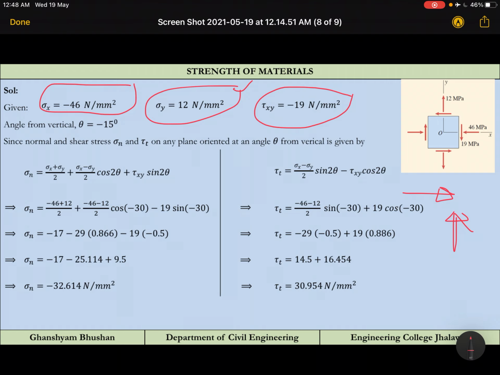So the question is to calculate the state of stresses on a plane which is in clockwise direction at 15 degree. So clockwise is here and 15 degree something like this.